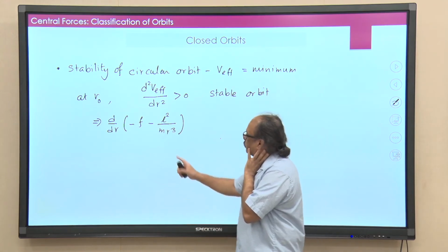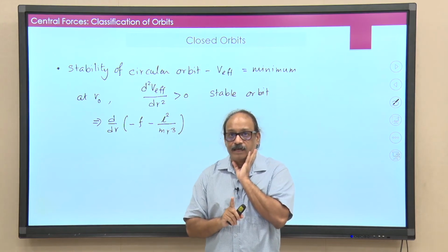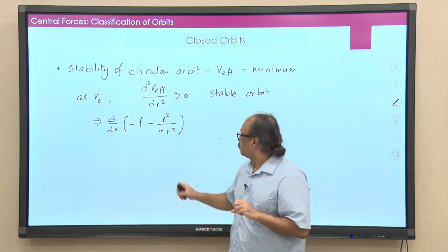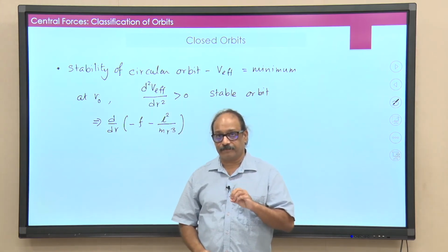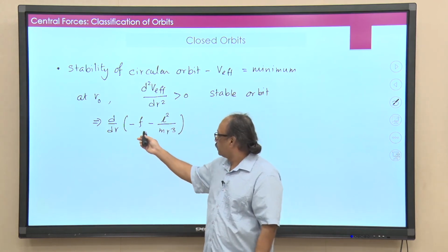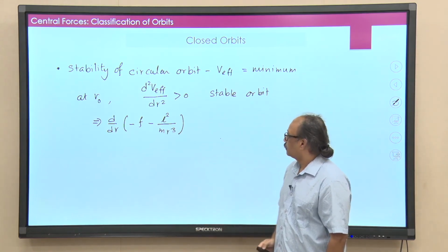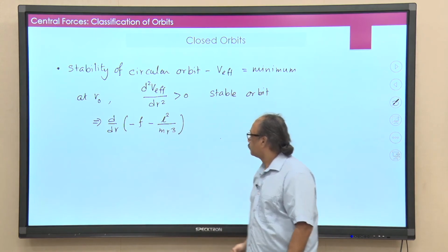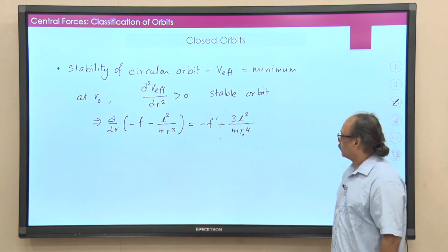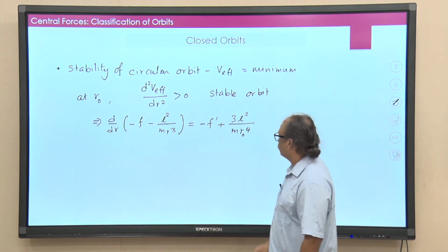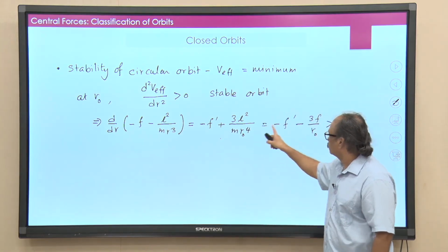We know that the derivative of V effective with respect to r, the first derivative, is equal to minus F effective, and minus F effective is minus F minus this centrifugal term. Okay. Take one more derivative there, and that would give you minus F prime here, and then you would have 3 L square by m r naught to the power 4. Okay. This is also equal to, so this is minus F prime.